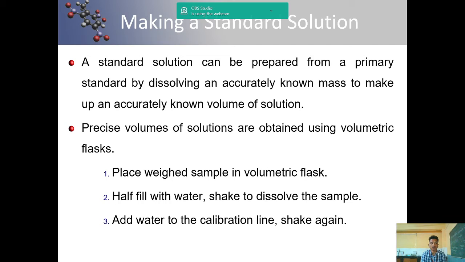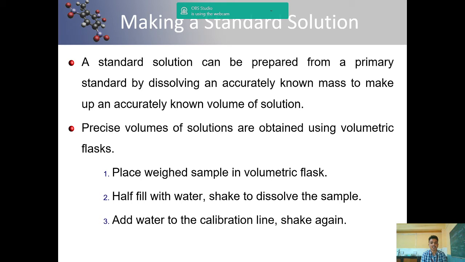Half the quantity of water you have to add in the volumetric flask, and you have to dissolve it. To dissolve the sample, you have to shake it to dissolve the sample molecules, that is the primary standard substance, and after dissolving, you have to add more water in the volumetric flask up to the calibration line.